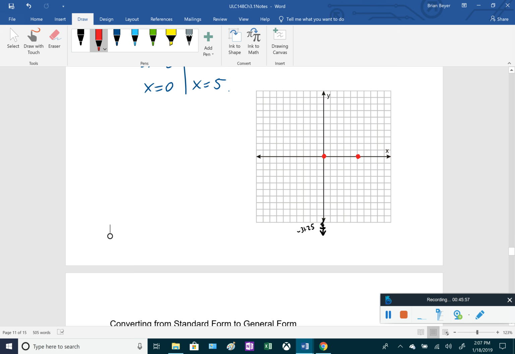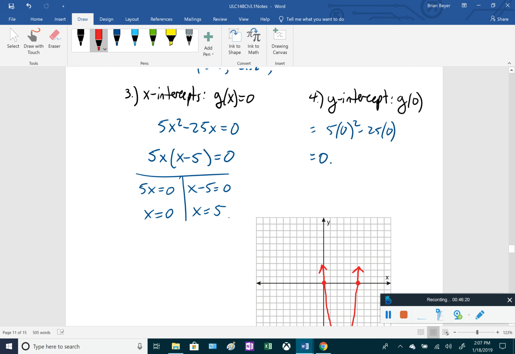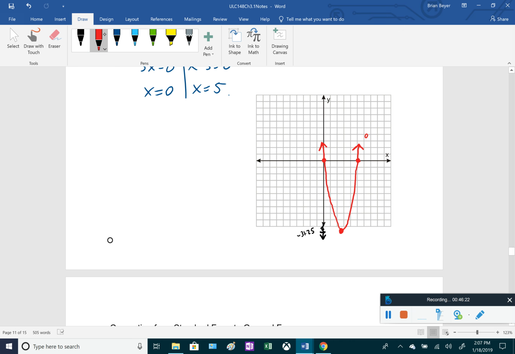So that would make our vertex 2.5 all the way down here. Okay, and then we know that it opens up, so just connect them. Looks pretty crappy, but good enough. Okay, and that's our function. What was this one called? g of x.